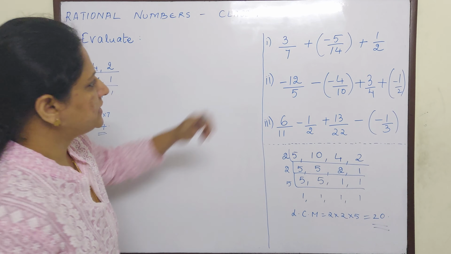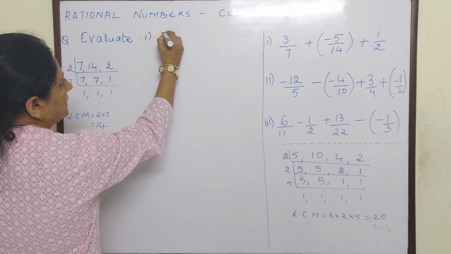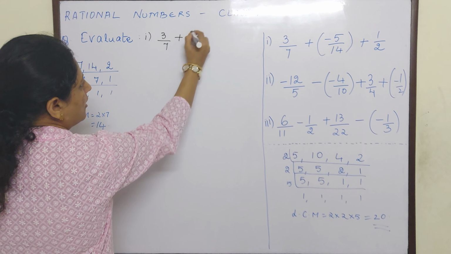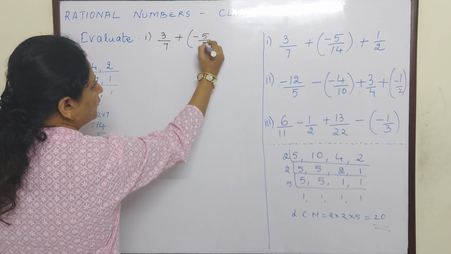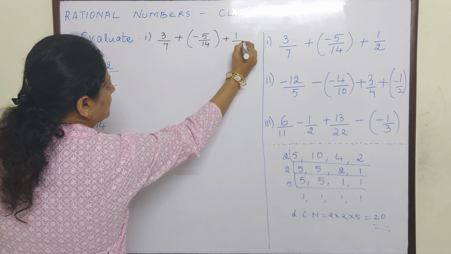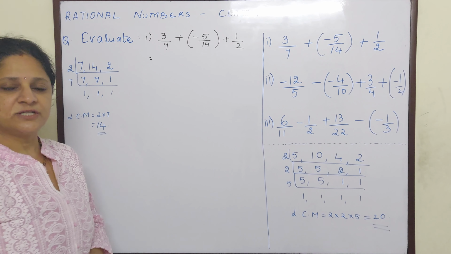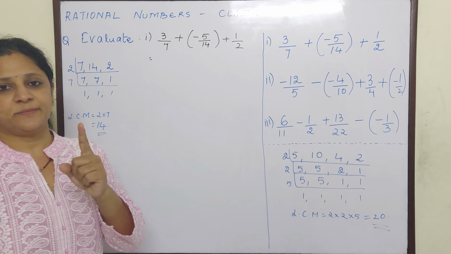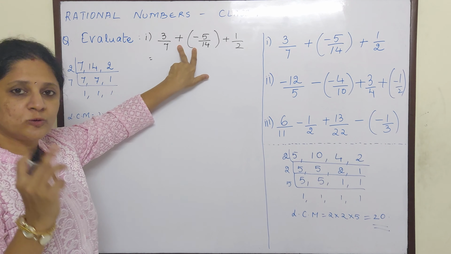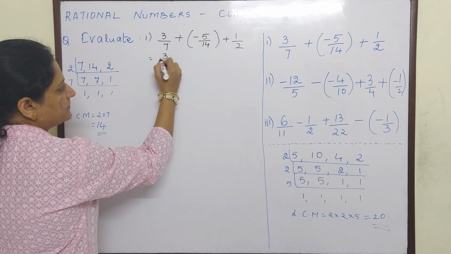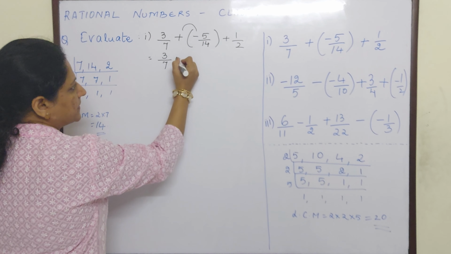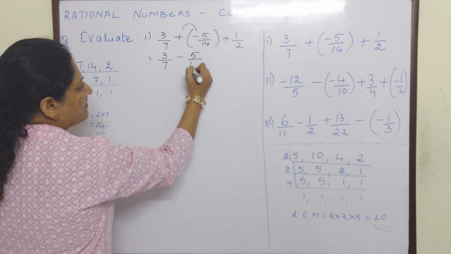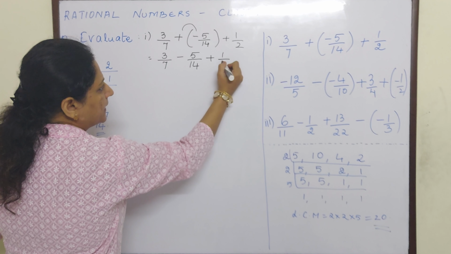Now, in our first sum, 3 by 7 plus of minus 5 by 14 plus 1 by 2. What is our first step, children? That there should be a single sign before a number. Here there are two signs before a number, so I will make it one sign: plus into minus is minus 5 by 14 plus 1 by 2.